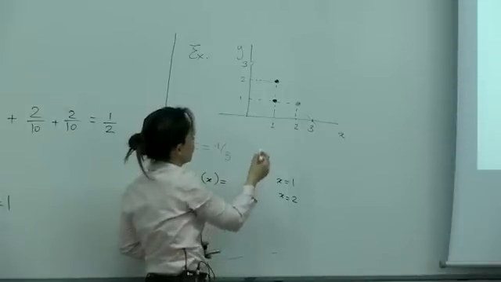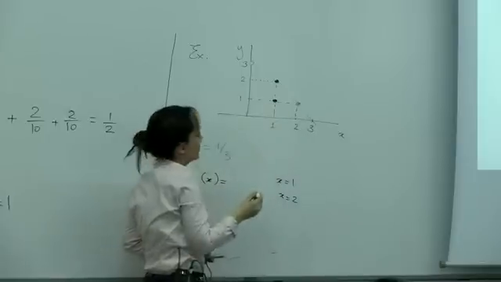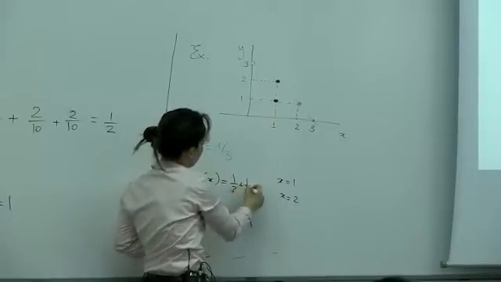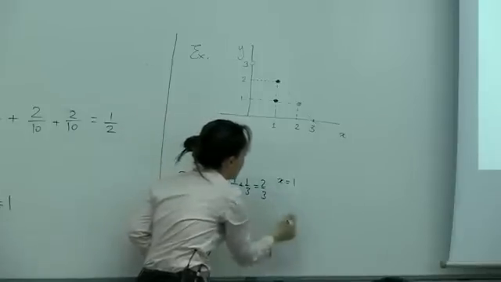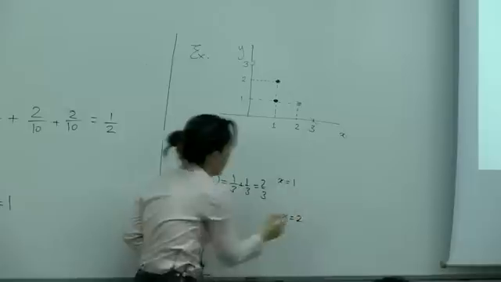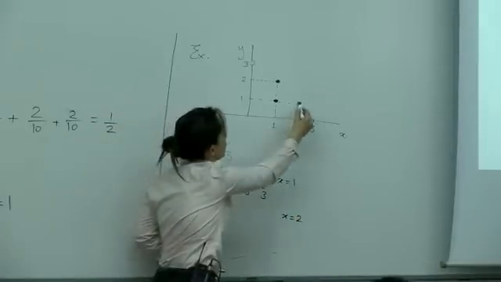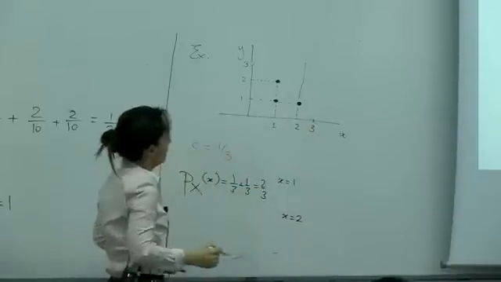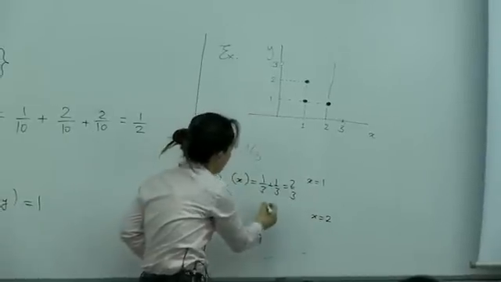Okay? So the sum of these 2 is 1/3 plus 1/3. 2/3 is the marginal PMF of x at 1. The marginal PMF of x at 2 is just this. Okay. So sum over all y of the joint PMF Pxy, you get 1/3.